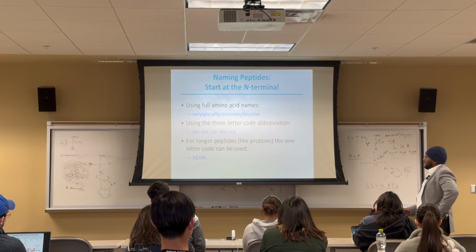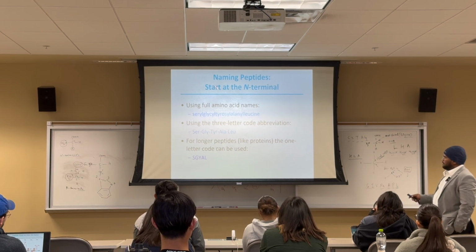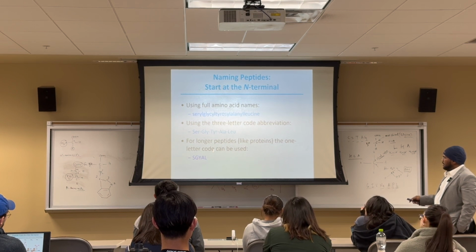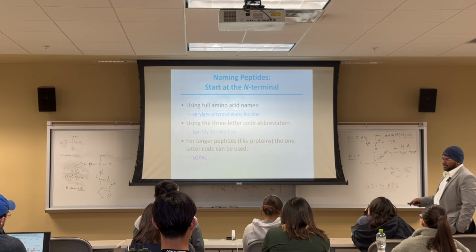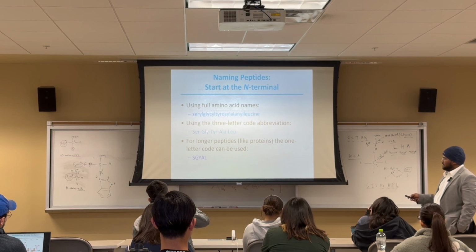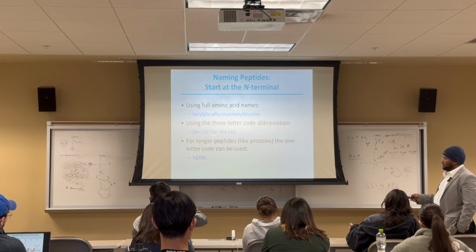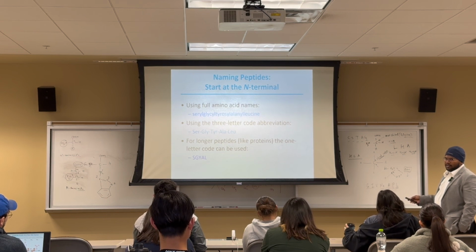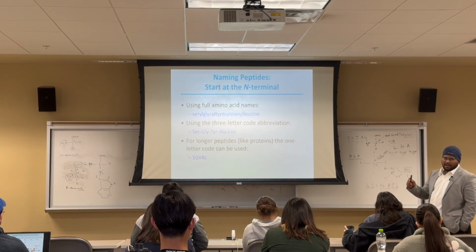Naming of polypeptide. Different ways to remember. S for serine, G for glycine, Y for tyrosine, A for alanine, and L for leucine. Next time when we meet, I'll ask you the questions. Because not everything is like S and S, G and G. Look at this. This is tyrosine but represented by Y. And there are tryptophan and other amino acids.